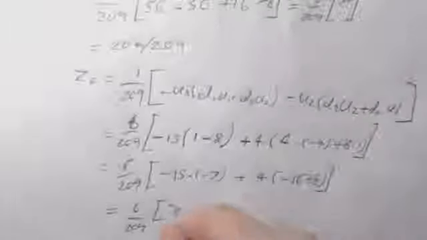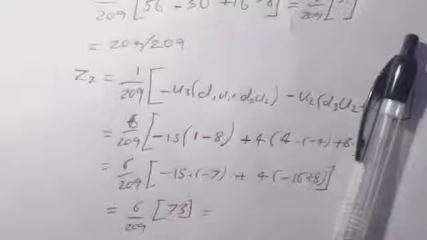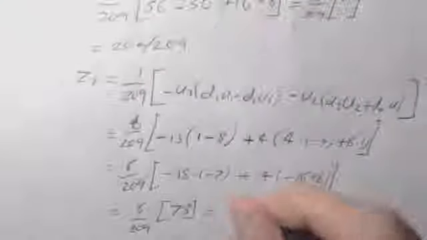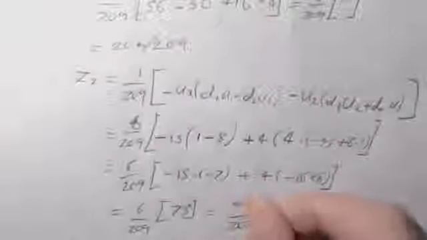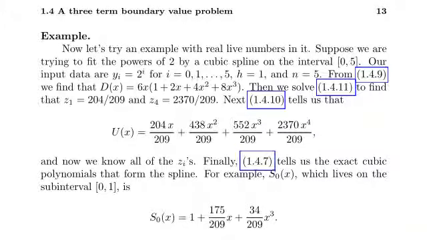So I get 73 here. And 73 times 6 is 438 over 209. Is that what they have in the book? 438 over 209. Yeah, brilliant. It seems to be working.